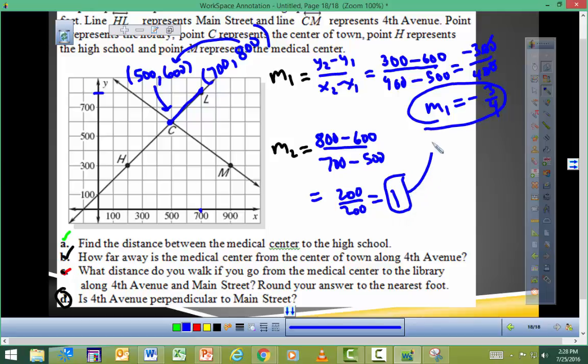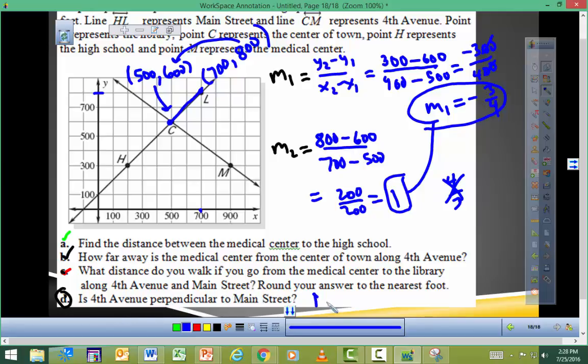And you'll notice these are not perpendicular then, because we'd have to have the reciprocal. Remember, we'd have to have 4 over 3. And remember, one of them has to be negative, one of them has to be positive. We don't have that as our slope. So is 4th Avenue perpendicular to Main Street?